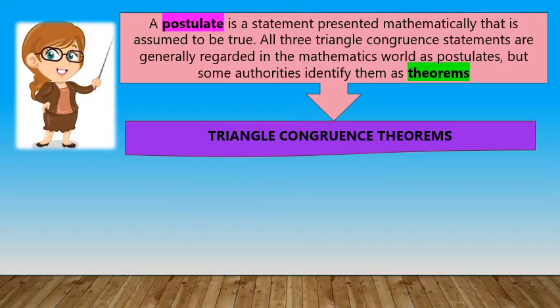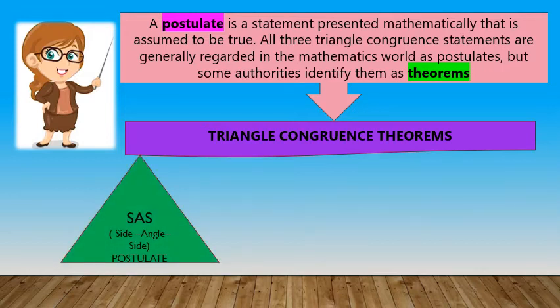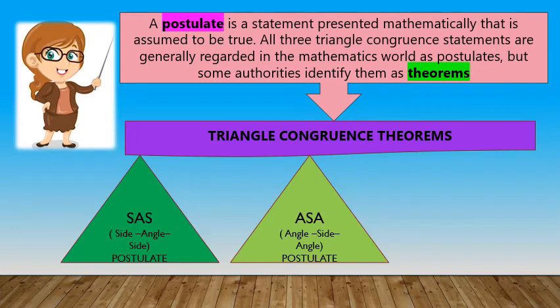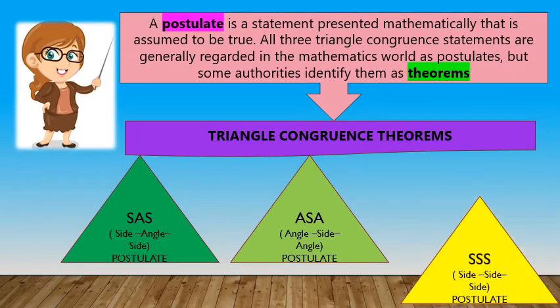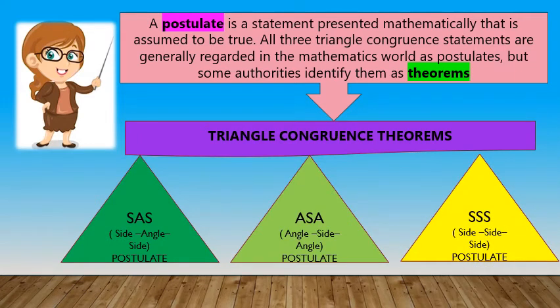They are the three. The first one is the side angle side postulate. We can say that it is a postulate. And angle side angle, and side side side. Okay, take note, so do not be confused.